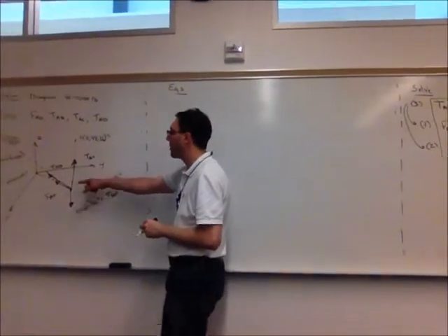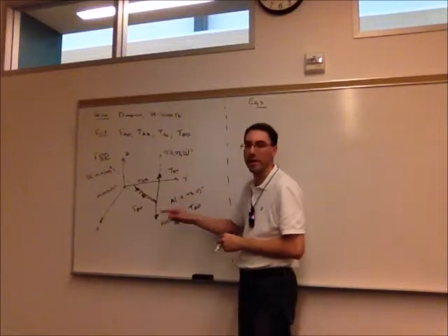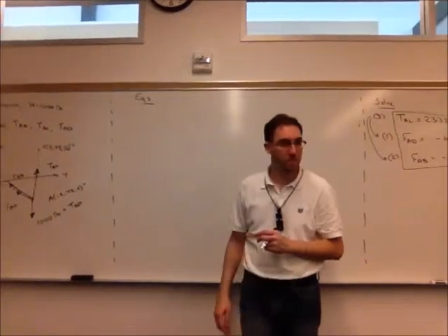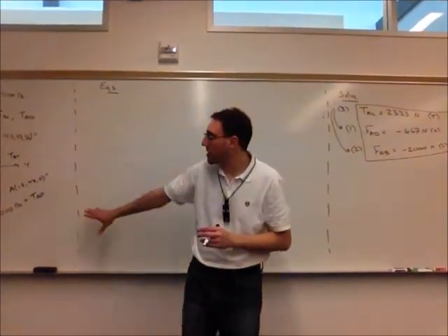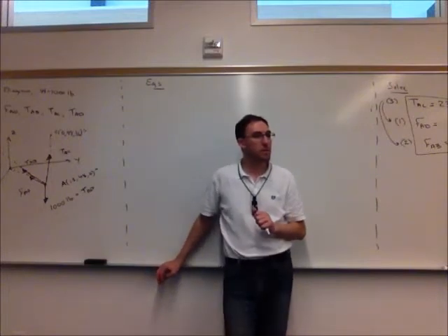Right, so three unknown forces, or at least unknown magnitudes, but we know that they point A to C, A to B, A to O. Questions on the free body diagram for this? Not all too different from the previous one.